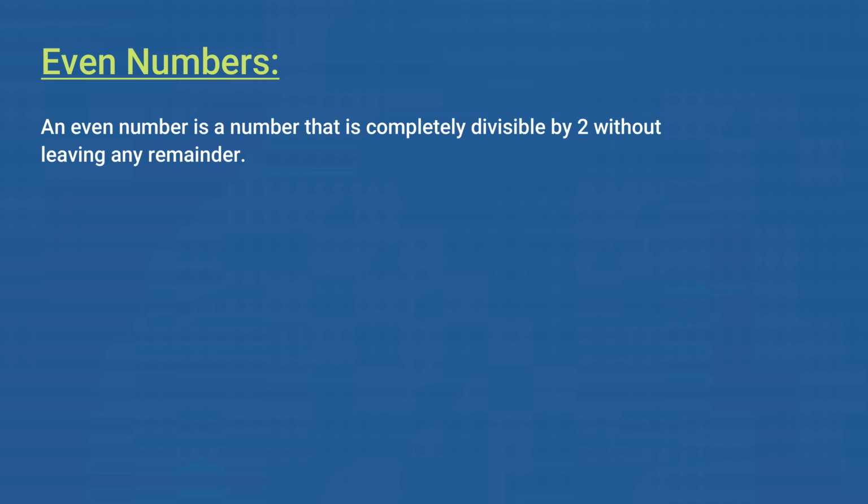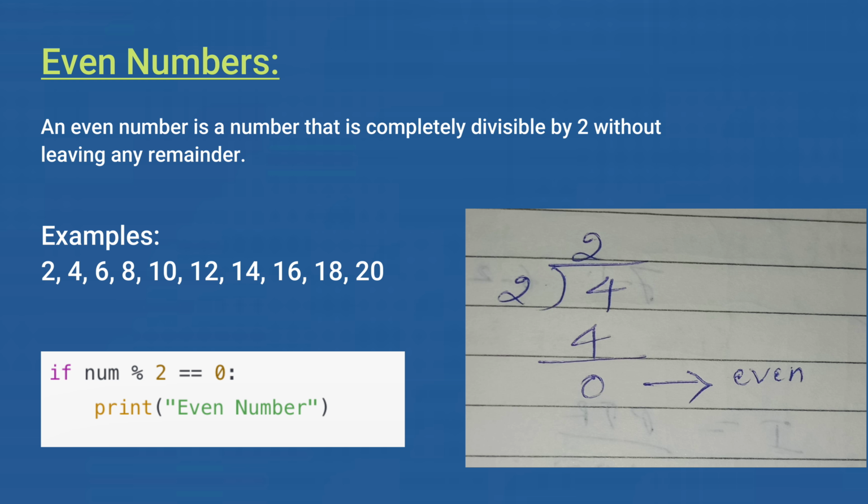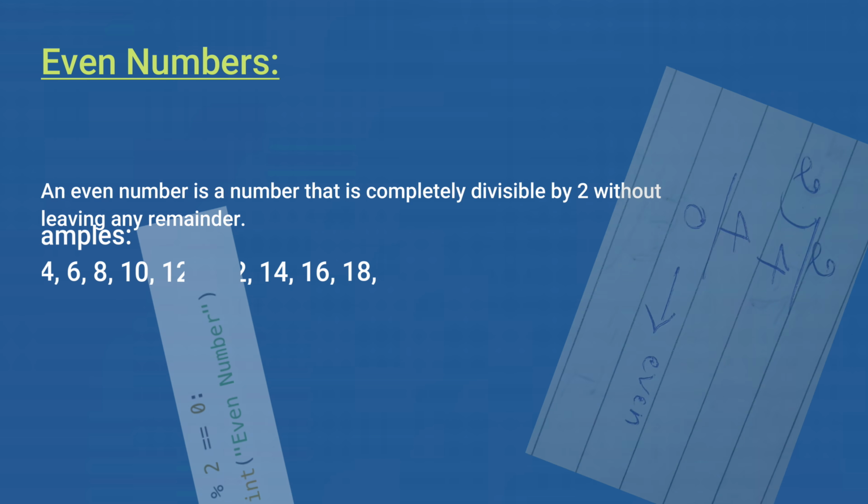Even numbers: an even number is a number that is completely divisible by 2 without leaving any remainder. Examples: 2, 4, 6, 8, 10, 12, 14, 16, 18, 20. These are the examples.